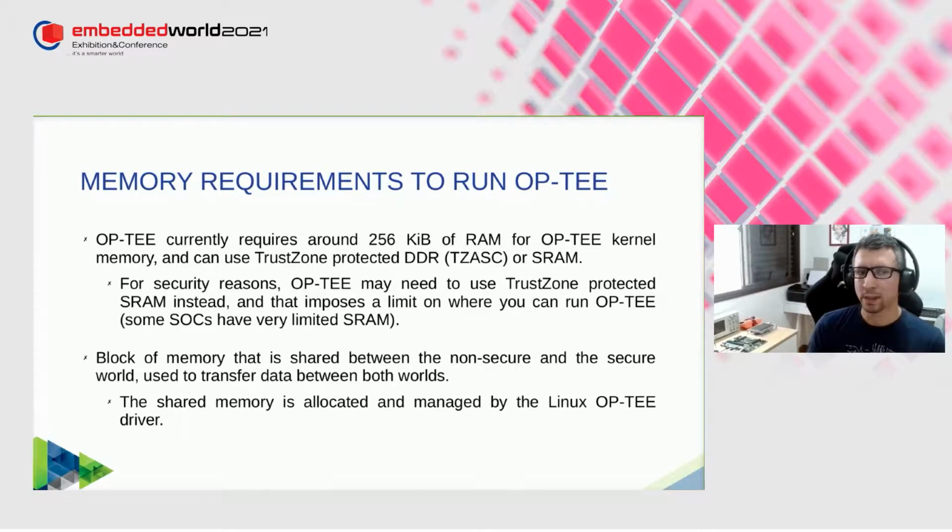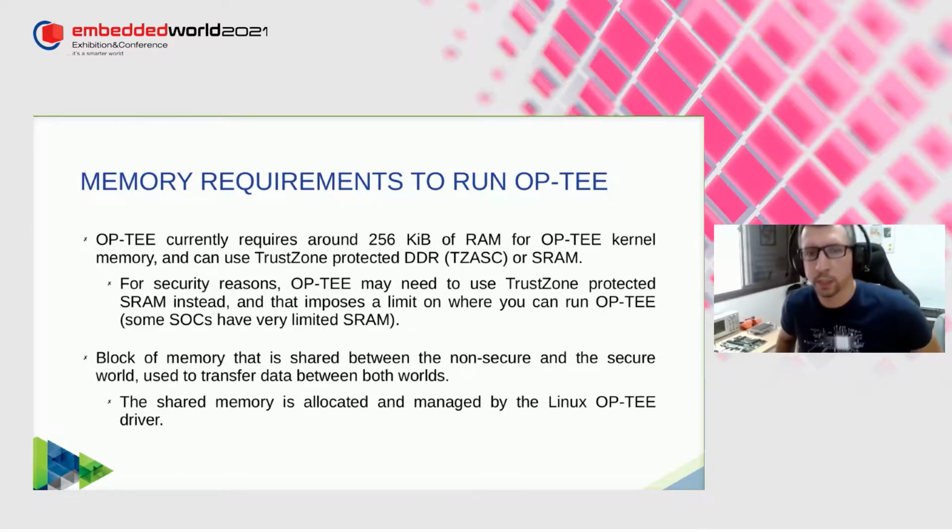There are some memory requirements to run OP-TEE. OP-TEE itself will need at least 256 kilobytes of RAM to run, which is very small, to manage the secure world. And usually in those SoCs, there are two options. You can use the SRAM inside the SoC.